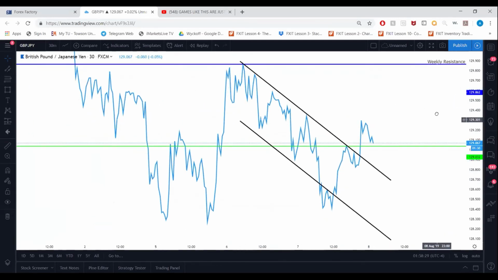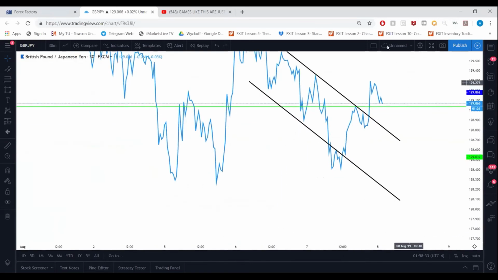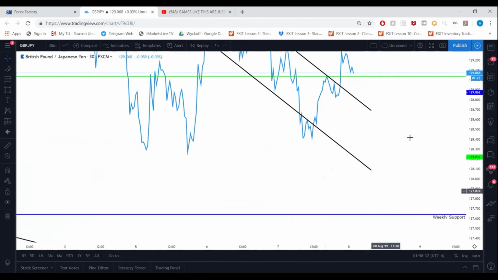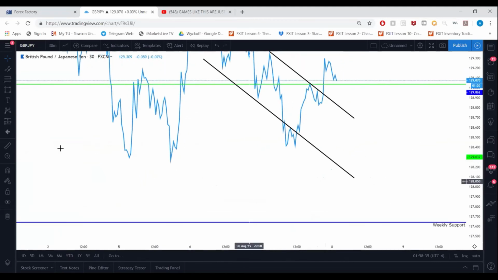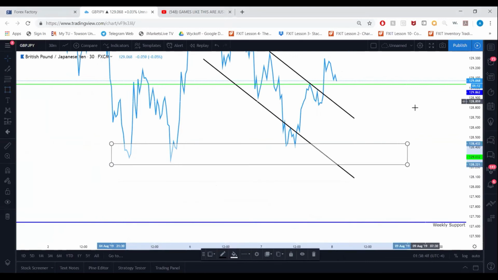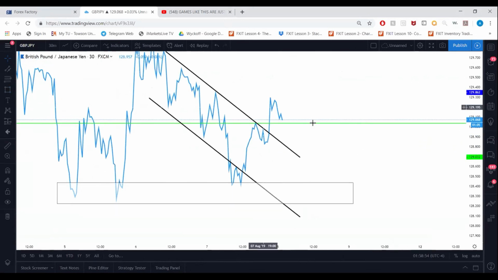Okay, I see. Awesome. The structure just failed. I was honestly looking forward to this reversal off of this weekly zone, but it failed to break the zone. It was pretty much an institutional supply zone, so I don't see it coming back down.